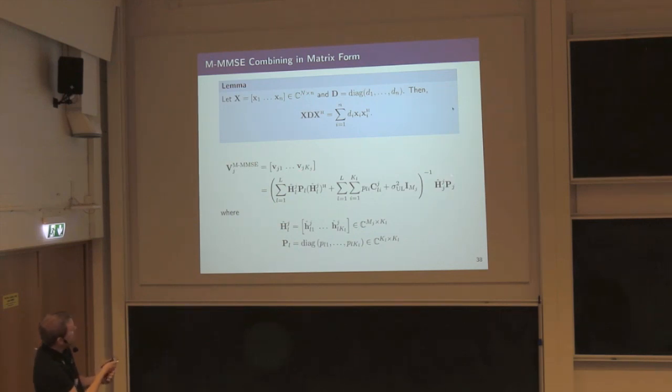The only thing that is different is that I was multiplying from the right here with my own channel estimate, and then I had put on the left hand side the power of that user, and I can put them together here as the columns in this form, and I can put the power here in the diagonal element. So this is one way of writing this multi-cell MMSE in a matrix form. So you just have to compute this inverse once and see that this is the expression that you get.